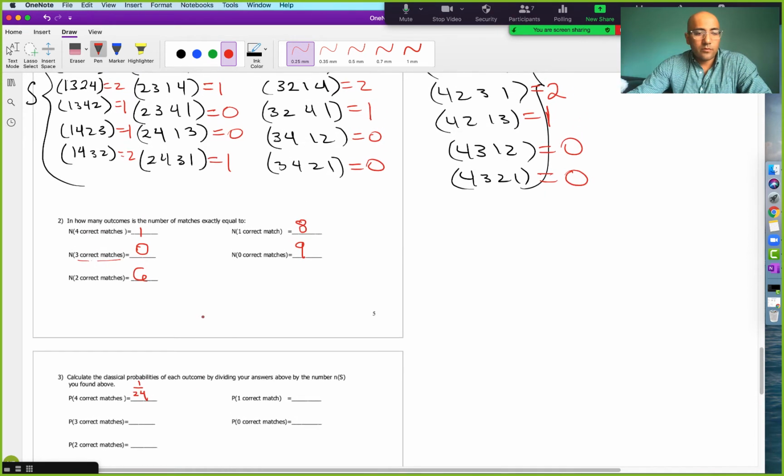3 correct matches, we said that was 0. It can't happen, so 0 out of 24. 2 correct matches would be 6 out of 24. 1 correct match would be 8 out of 24.